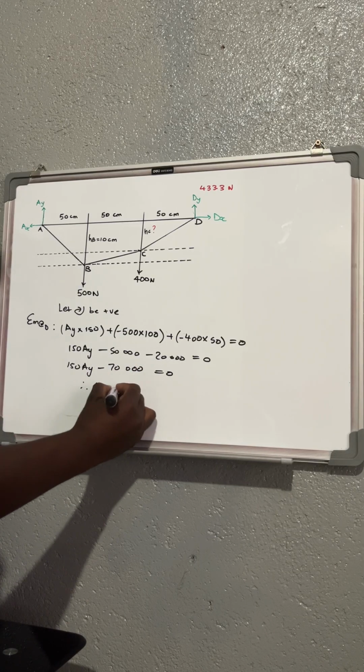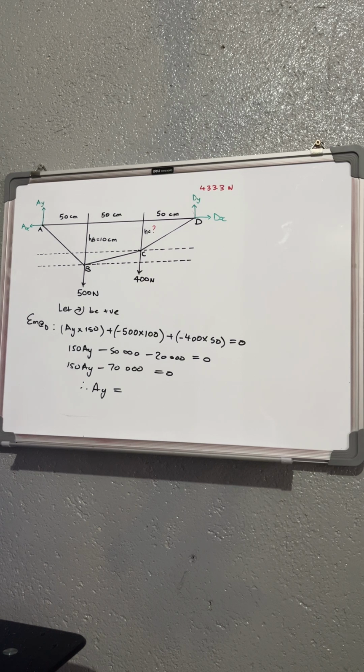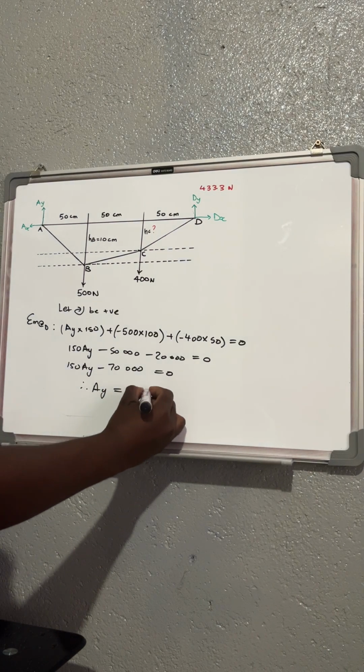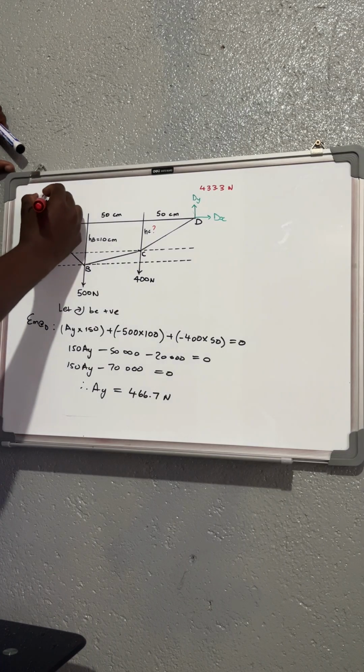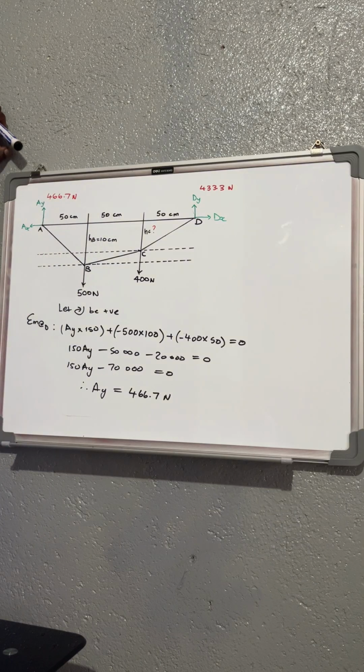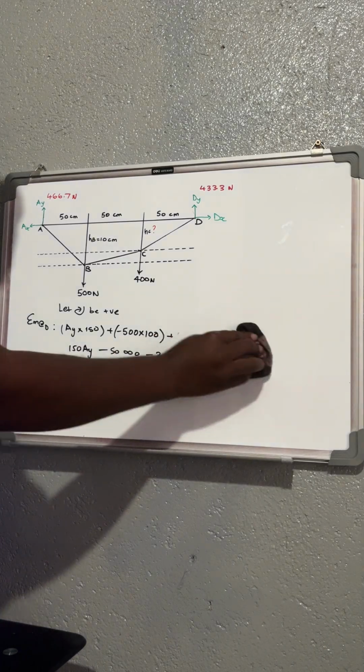Therefore your AY would be equal to 466.7 Newton. Then we go and say, okay, we have our 466.7 Newton. So since we're done with that one, we will also erase it to have space.